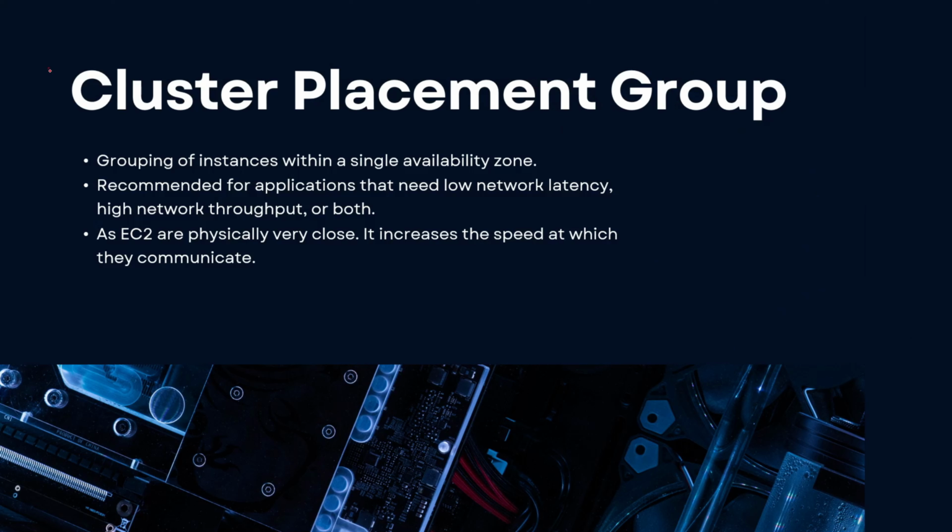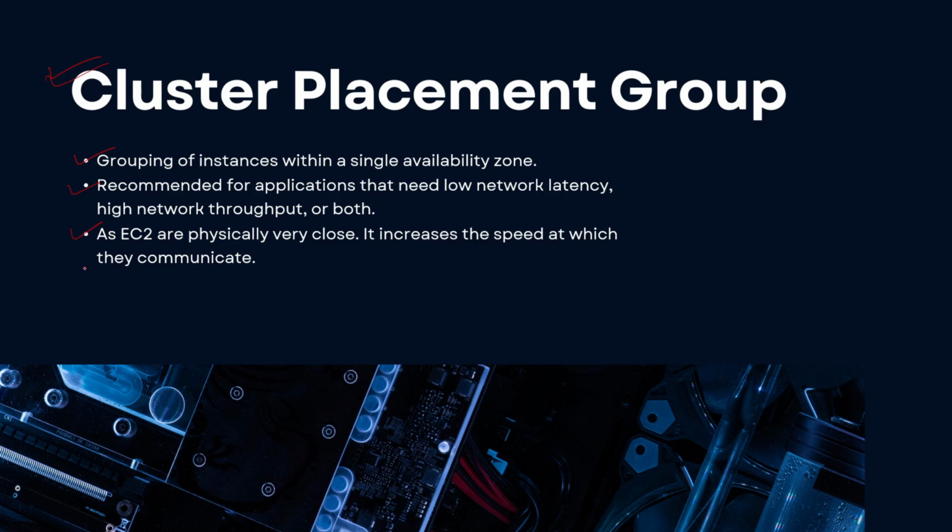The first is the cluster placement group. Here what basically happens is you are grouping instances within a single availability zone. So you may have multiple EC2 instances that you have deployed, and all of them are grouped together within a single availability zone. This is normally recommended for applications that need low network latency, high network throughput, or both.